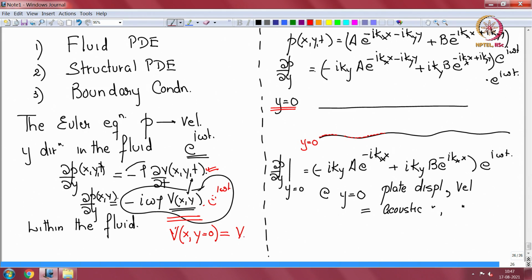Let us call it Vp, plate velocity, and the plate velocity is equal to I omega times W of x.